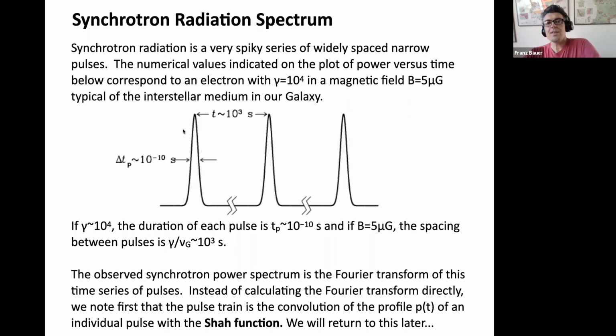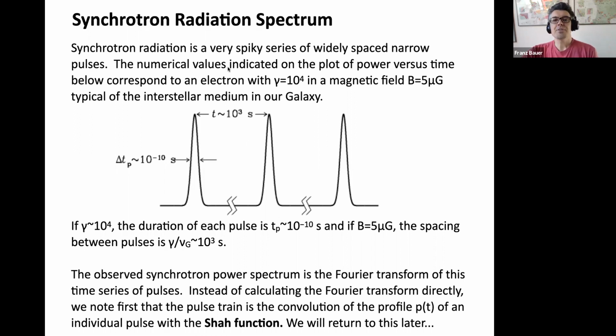And so this is very typical of emission from an electron which is gyrating around. So we have these narrowly spaced pulses, and this actually looks like a comb in its regularity.